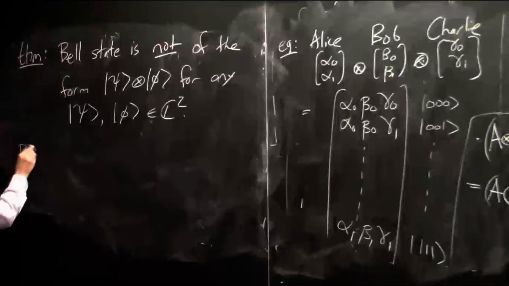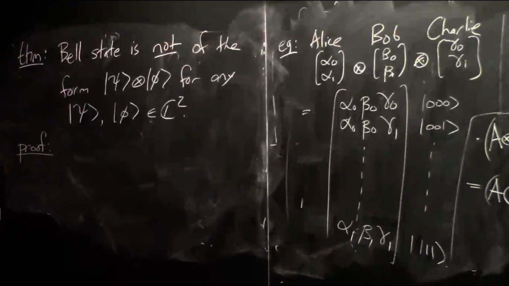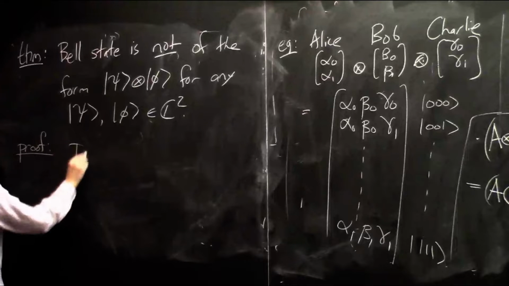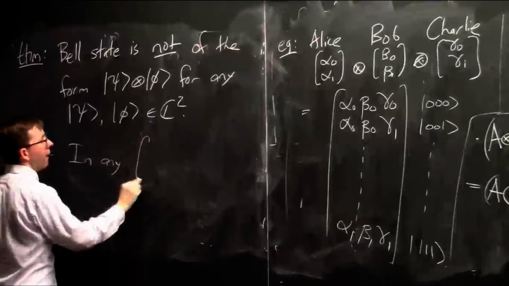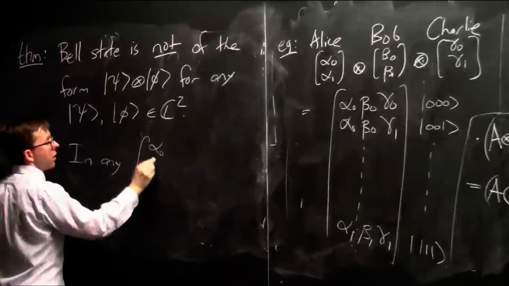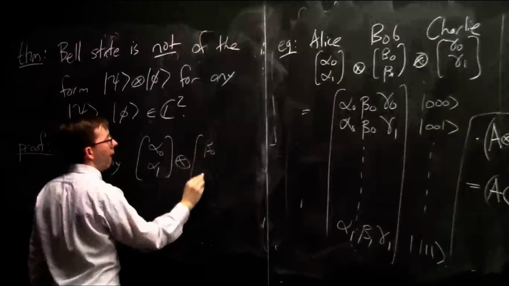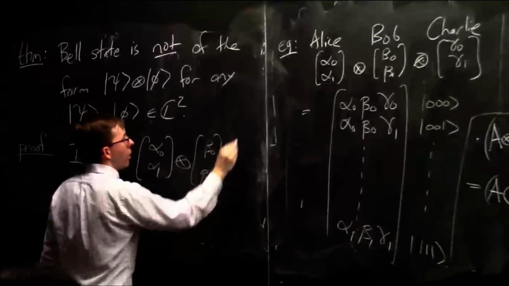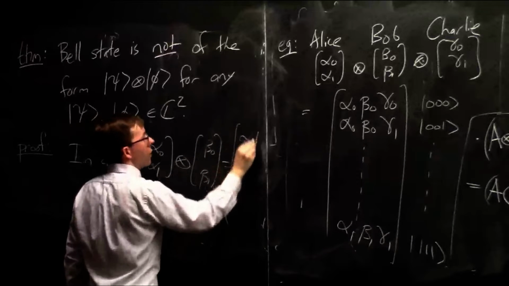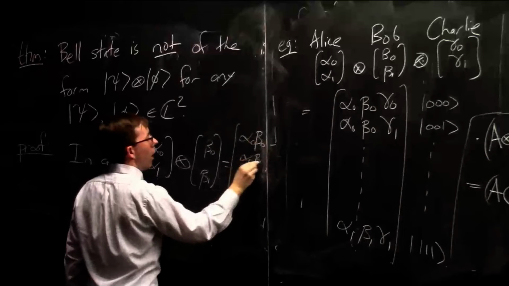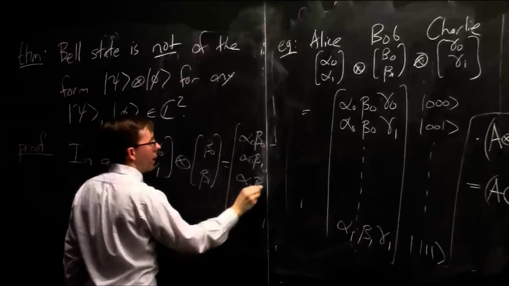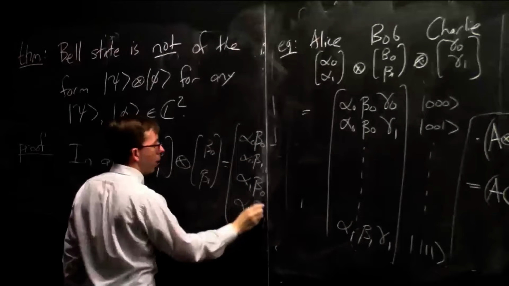Let me give you the proof. Let's say psi is alpha 0, alpha 1, and phi is beta 0, beta 1. We know the product is alpha 0 beta 0, alpha 0 beta 1, alpha 1 beta 0, alpha 1 beta 1.